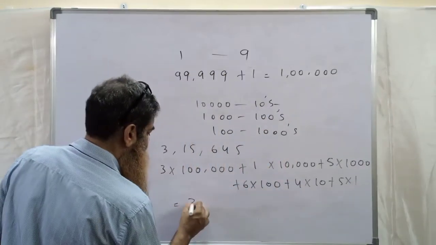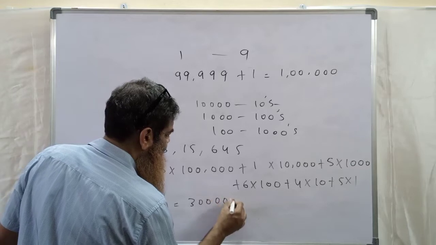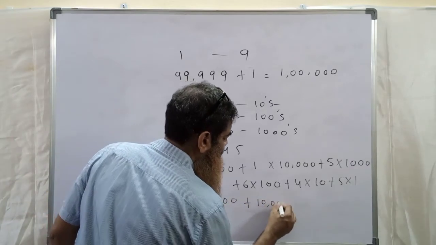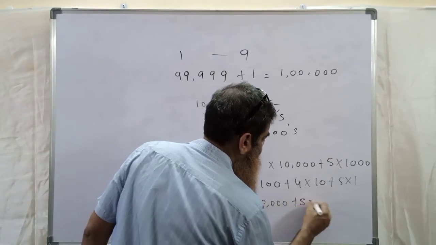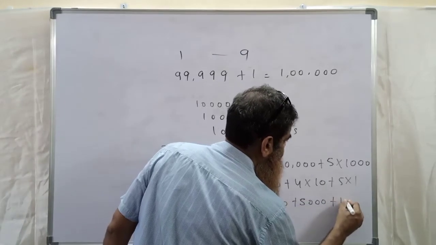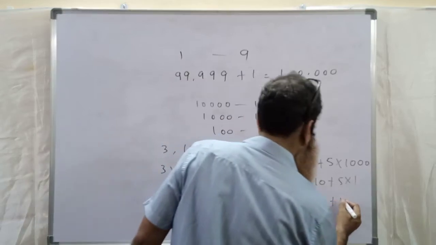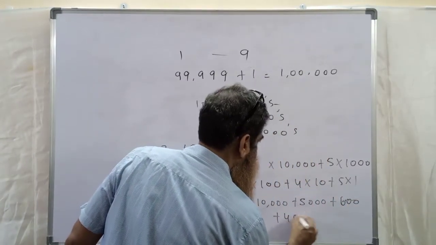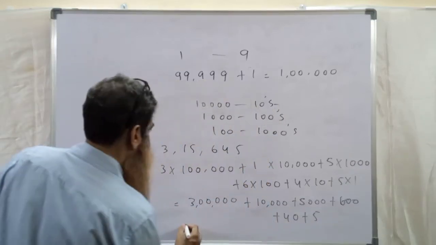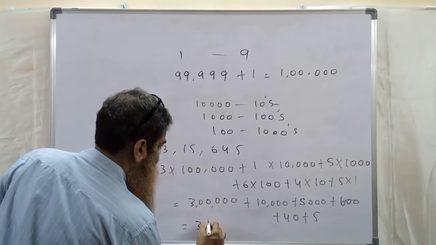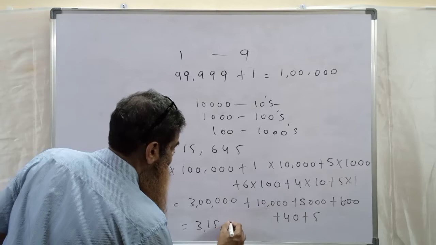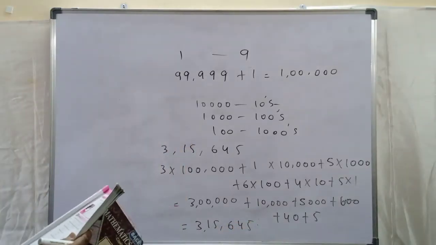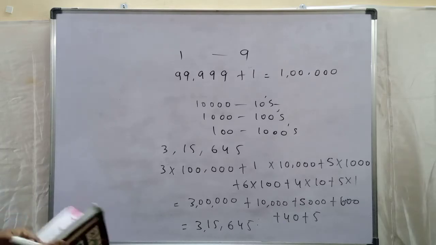That is 3 lakhs plus 10,000 plus 5,000 plus 600 plus 40 plus 5, that is 3,15,645. It's a large number, a 6-digit number.